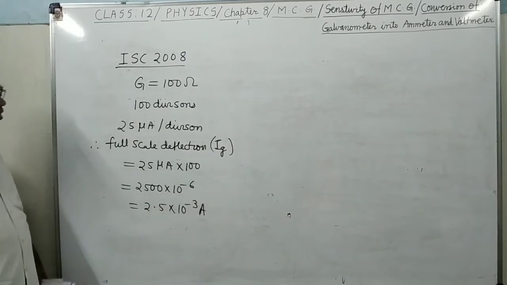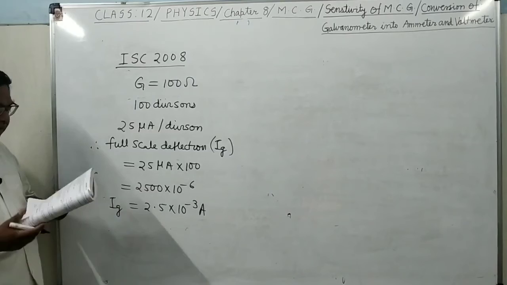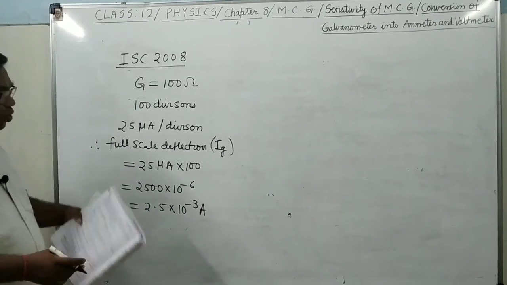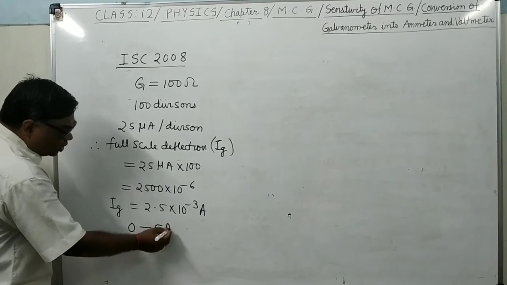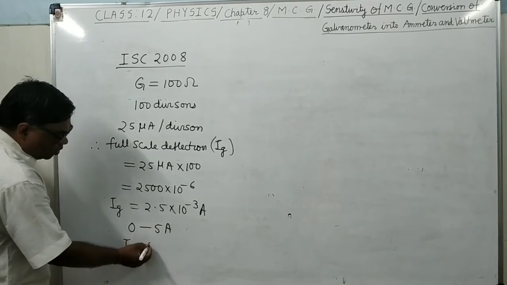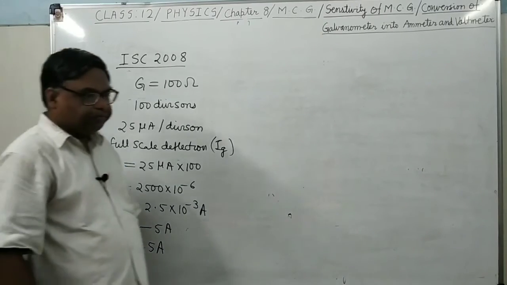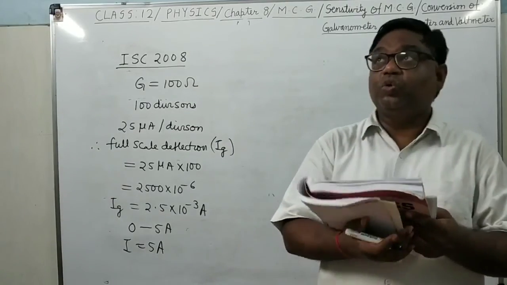This is the value of Ig. How will you convert it into an ammeter of range 0 to 5 ampere? Means I equals 5 ampere. Now it is very simple. You have to find the value of S, so that you can do. It's clear?